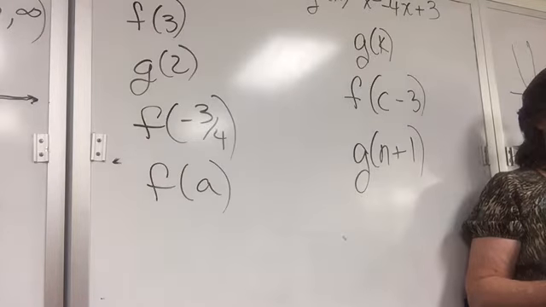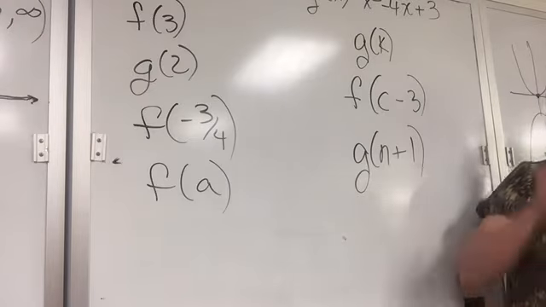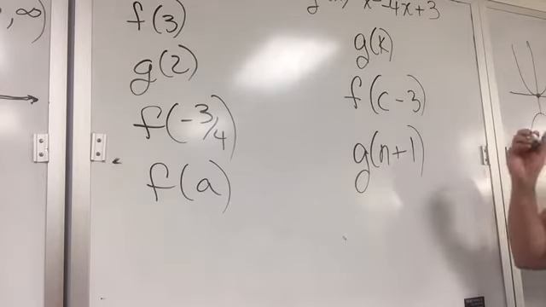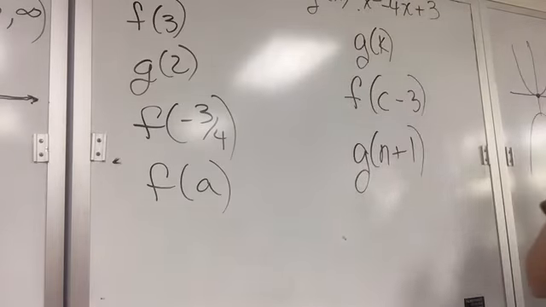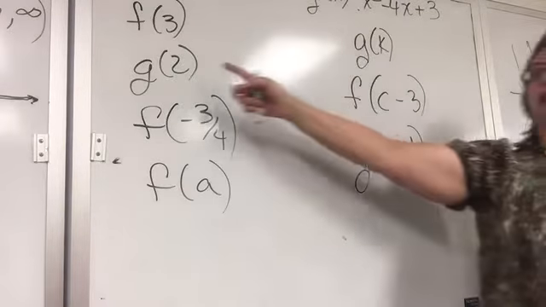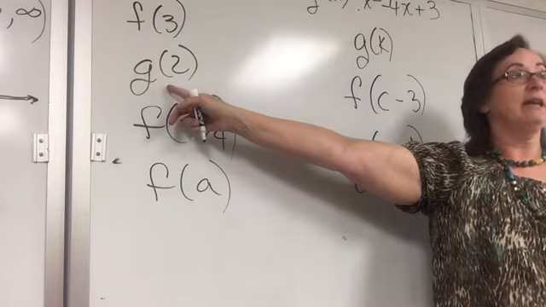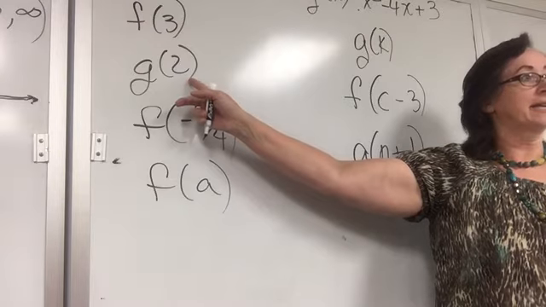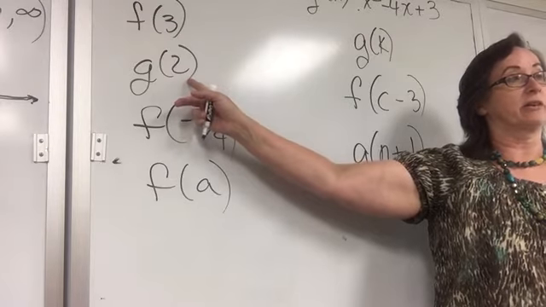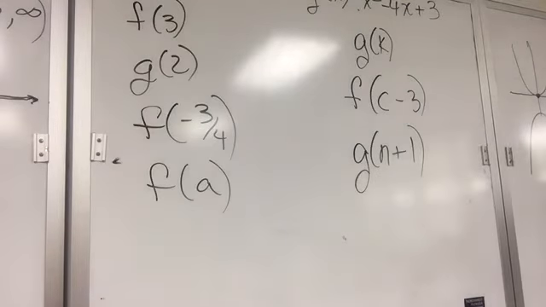Why do we just put g over to the g of x? Or does it go with the f of x? Oh, the g of x is its own function. I know, but like with the g of 2 right there. You're going to just plug in the 2 for the x. So this is saying g when x is 2. So it's an evaluation. You're going to plug in 2 into your g function, and you're going to crank out what it equals. Okay? So work on those for just a second.